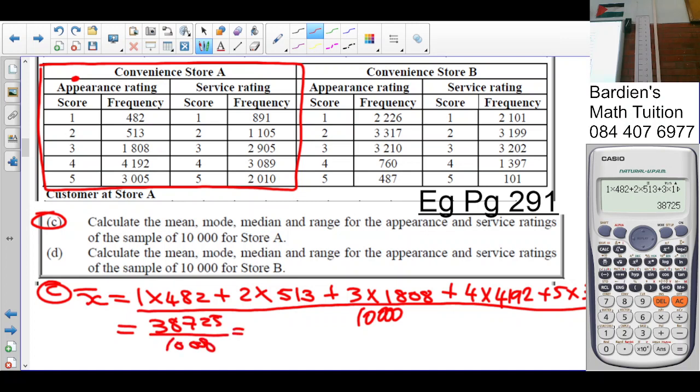So that gives you 3,8725. Let me just write it over here. Will you guys understand? Okay.